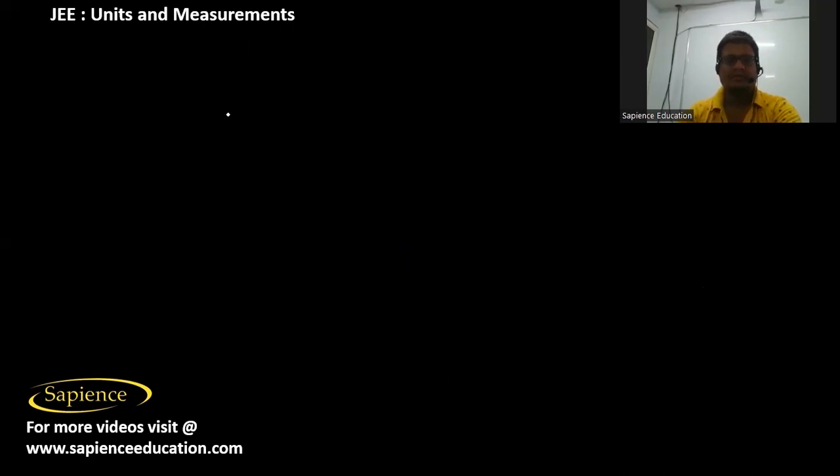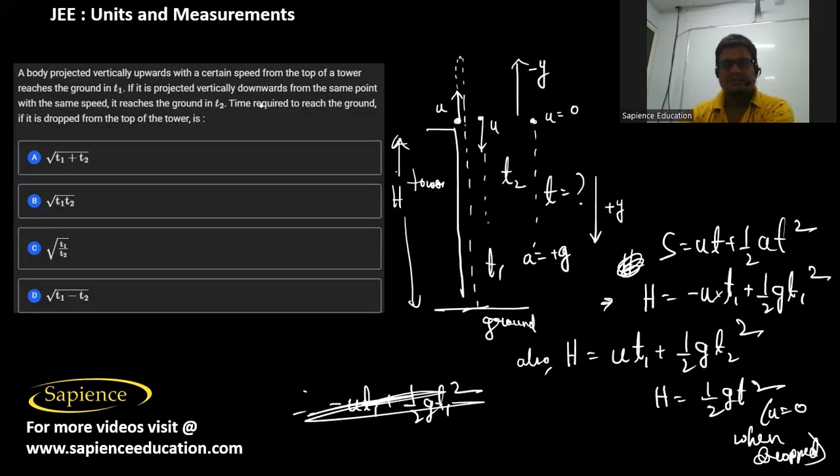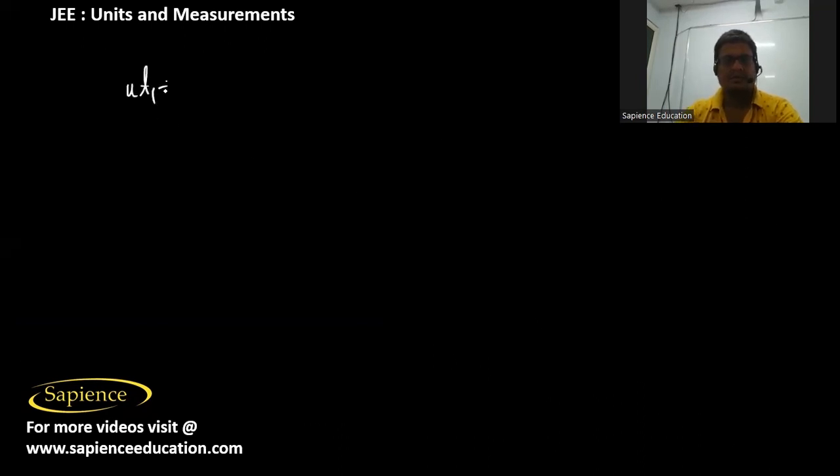So therefore we can say that minus u into t1 plus half g t1 square is equal to u t2 plus half g t2 square.